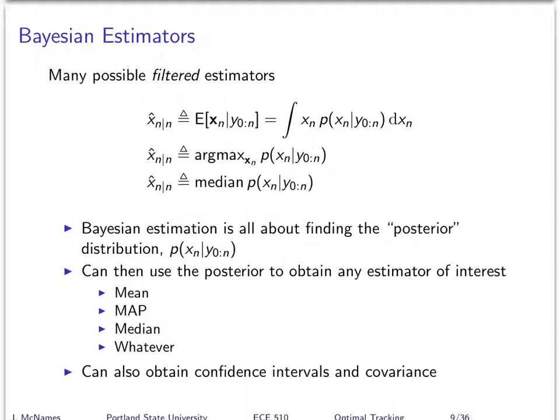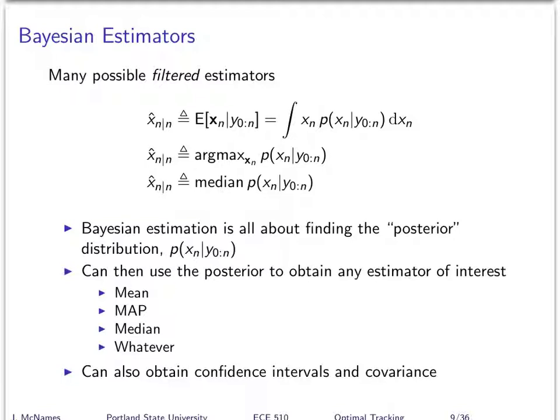And there are other things you can think about. You say, well, give me the one that maximizes the posterior distribution, which is the so-called MAP estimator. We'll talk about a really beautiful way of doing that partway through the term. You could also do a median estimate, which is robust to heavy-tailed distributions.